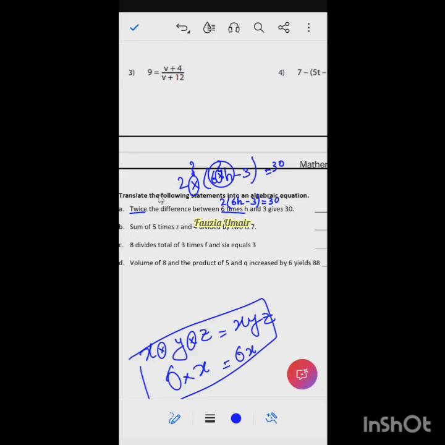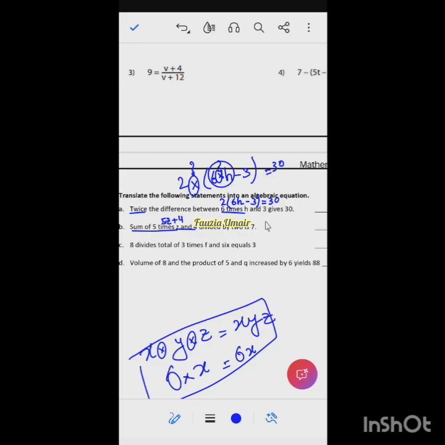So now the second one, sum of 5 times z and 4 divided by 2 is 7. So what is 5 times z? 5z. And 4. So what is sum of 5 times z and 4? Plus 4. 5z plus 4, okay, divided by 2 is 7.